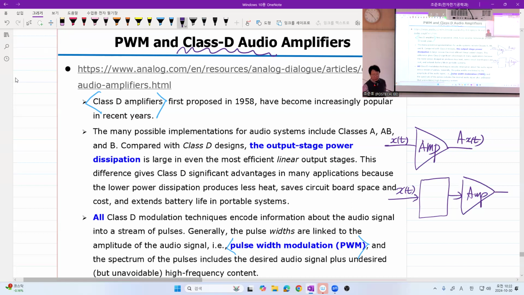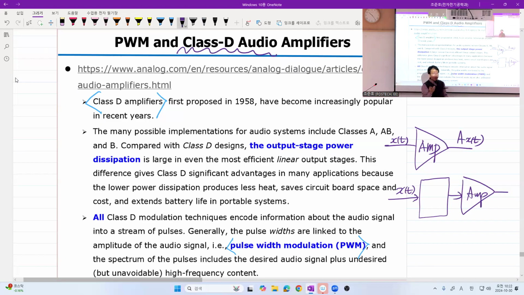So this Class D amplifier turns out to be very suitable to amplify pulse width modulated speech or audio signal. And this Class D amplifier is very, very power efficient, which means that given the same driving power, it can generate a very large signal.